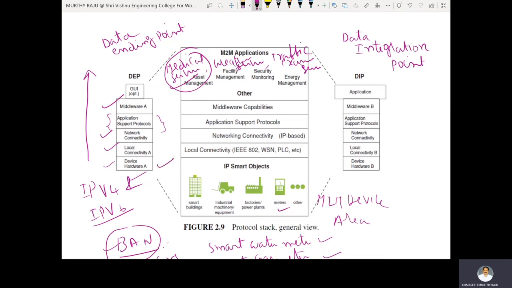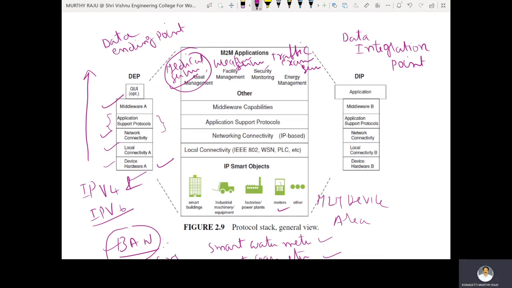Middleware is important in the whole universe. Different types of devices are there, and they generate trillions of data. Some interoperability is missing, so the middleware layer provides interoperability among all these devices worldwide.